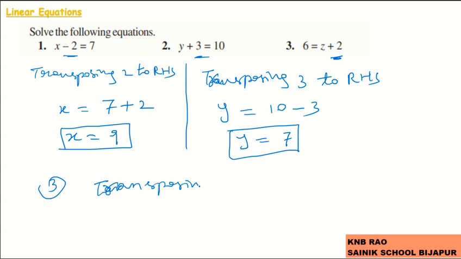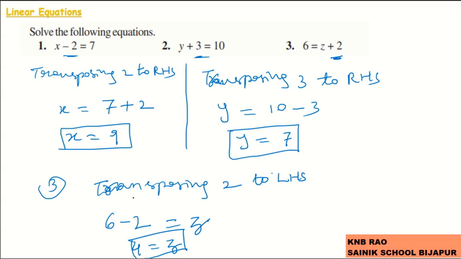Transposing to LHS now. So from right hand side to left hand side it comes. So the moment it comes as addend to this side, it becomes subtrahend. Z equals to 6 minus 2, therefore 4 equals to Z. This acts as the solution.